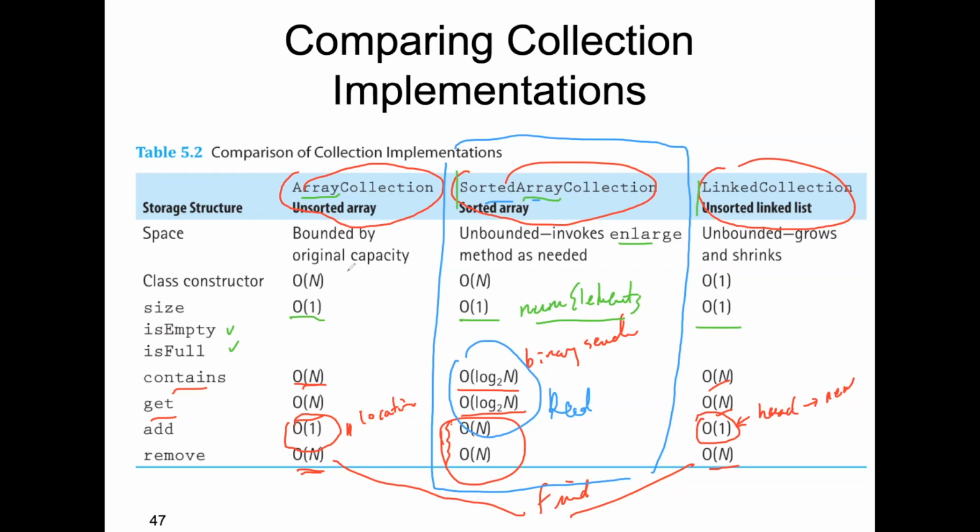For the other two collection implementations, your write, which is your add and remove, is much more efficient, especially when adding the elements, than the sorted array collection. So if you have write heavy use cases, you may want to opt for array collection or linked collection rather than the sorted array collection, especially when elements do not inherently require sorting.